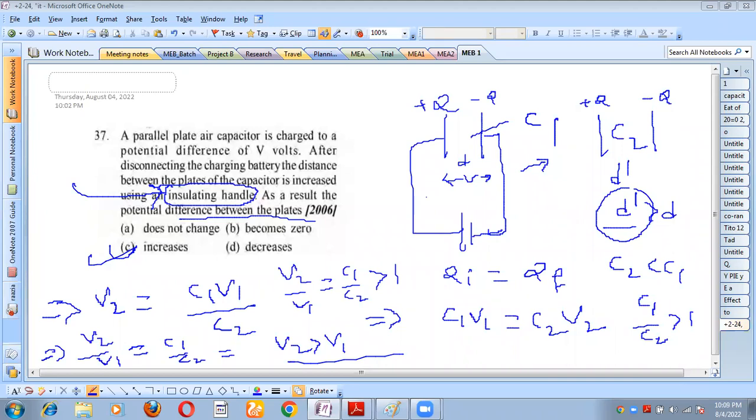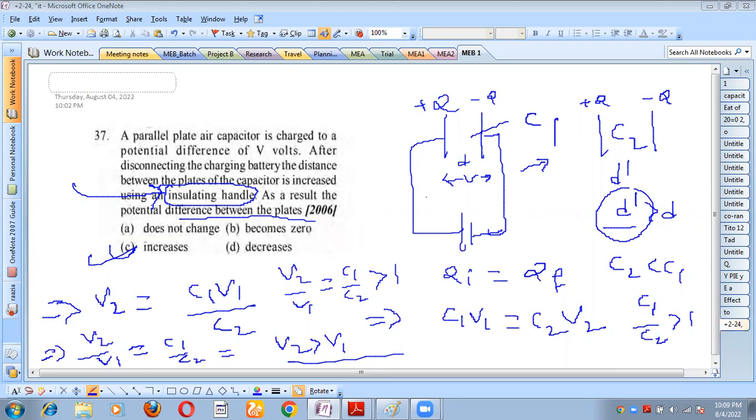I'm asking a question: if you think from the physics point of view, why is potential increasing? Mathematically we have seen that potential increases, right? But from a physics perspective, why is potential increasing? Both of you, any answer?